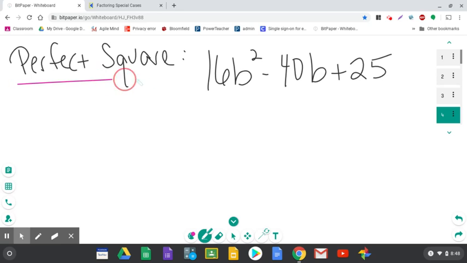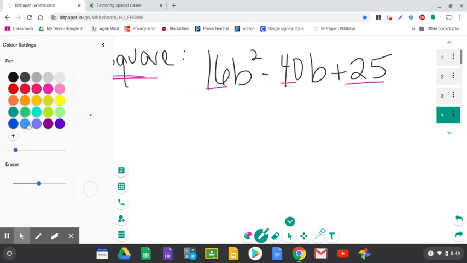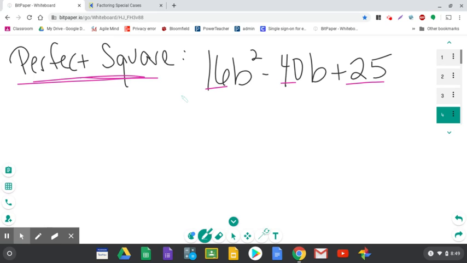You also have those perfect square trinomials, right? So 16, 40, and 25. If you tried to look for a GCF, there isn't any besides one. And you could do the AC method here, but 16 times 25, that's going to give you a really big number. So instead, if you notice the perfect squares before you even start, then you don't have to do the AC method. Okay, so for a perfect square trinomial, your first term and your last term have to be perfect squares.